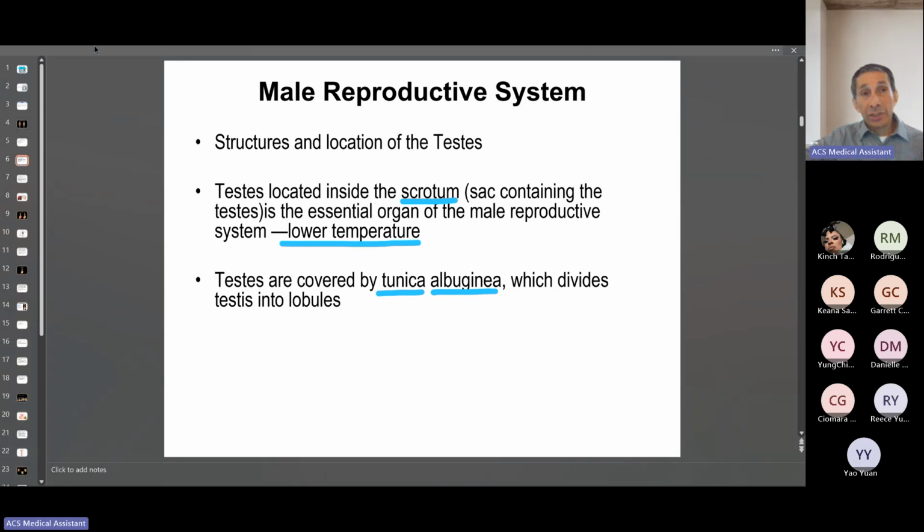What is the function of this tunica? Just like the pleural membrane, the pericardium, and the meninges, it protects the testicles because they are hanging outside. They are kind of hitting each other when the person walks, when the person jumps, just like the other membranes that protect the lungs, the heart, the brain, and so on and so forth.